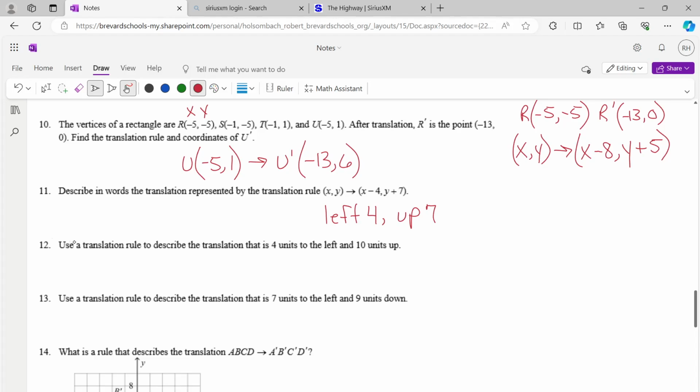Now we're going to do the same thing, but we're going to write the rule based on the words. So if we're going to write this rule based on 4 units left and 10 units up, well, for every xy, 4 units to the left would be x minus 4. 10 units up would be y plus 10.